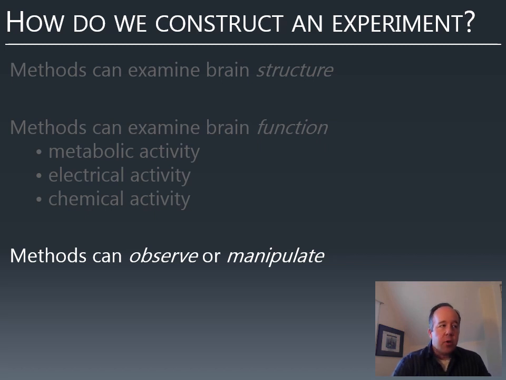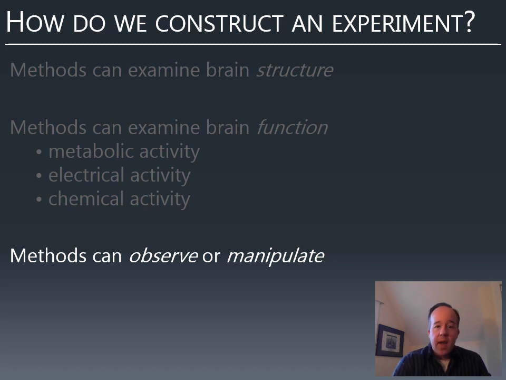So instead of measuring the structure of the brain, a technique might manipulate it, might change the structure, might remove part of the brain or at least destroy it. It might change electrical activity in the brain. That would be a manipulation. Instead of measuring what the brain is doing, you're dictating what the brain is going to do. It can't use this part because you've shut it down or removed it.